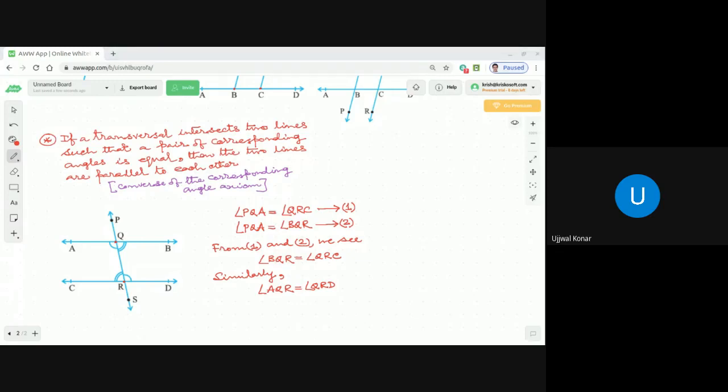make a new theorem. And the theorem is that if a transversal intersects two parallel lines, then each pair of alternate interior angles is equal, isn't it?